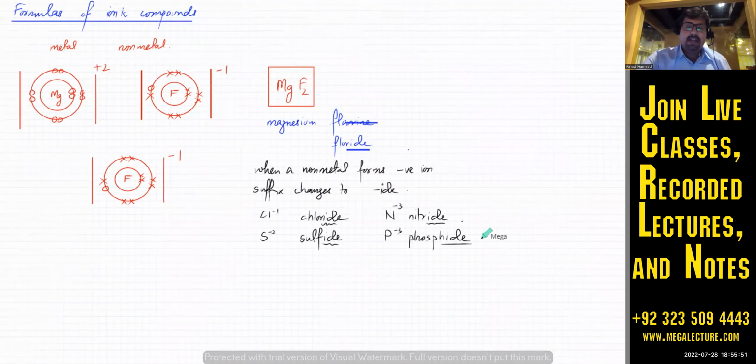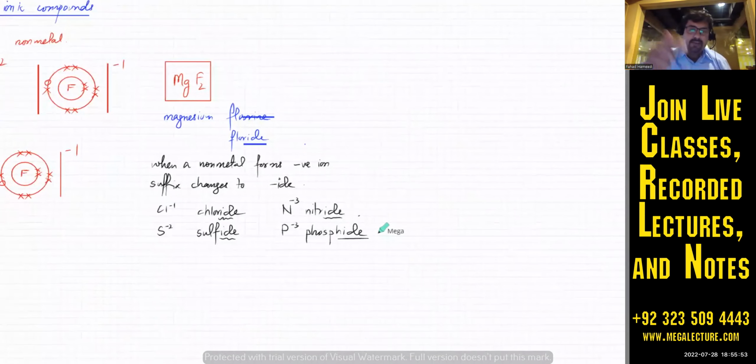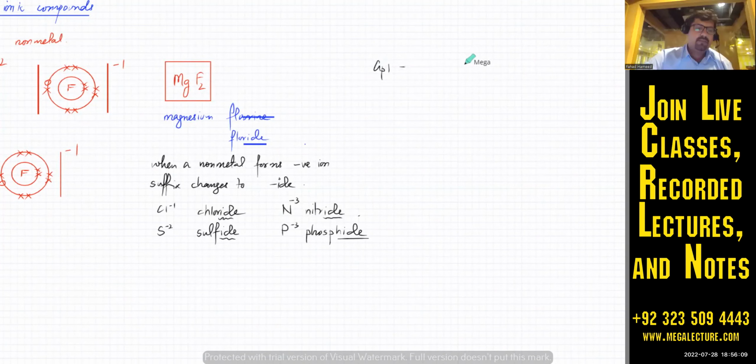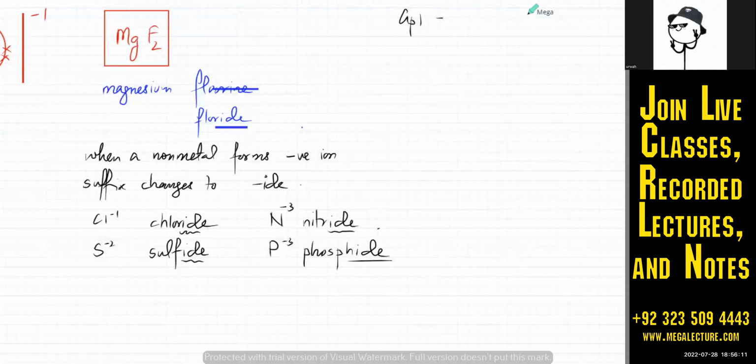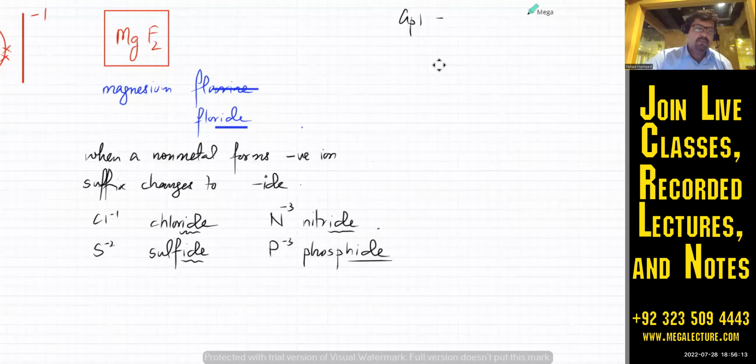Remember, with ionic compounds, you already know the charges of the ions. You don't have to draw the whole dot and cross diagram. What is the charge on group 1 if it forms an ion? Group 1 is 1 plus.